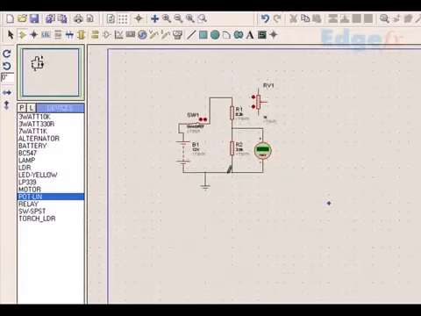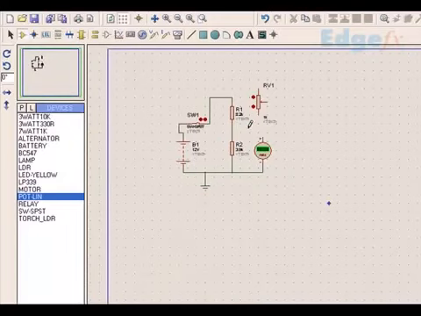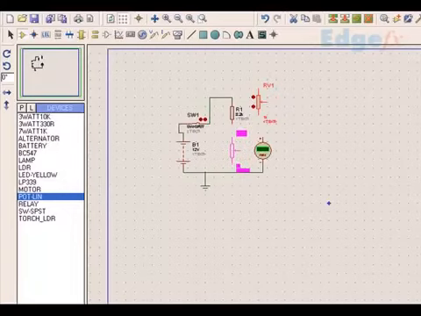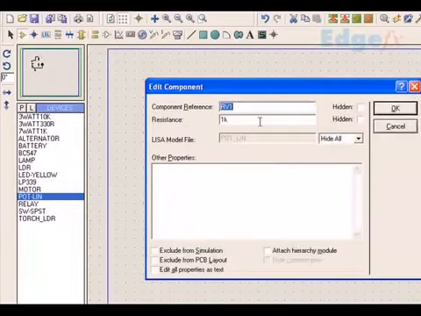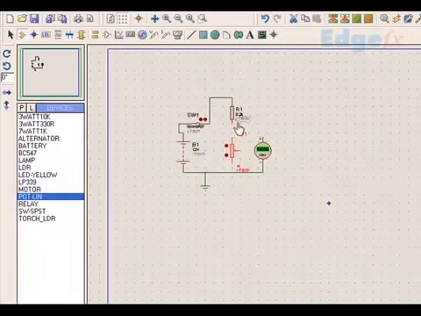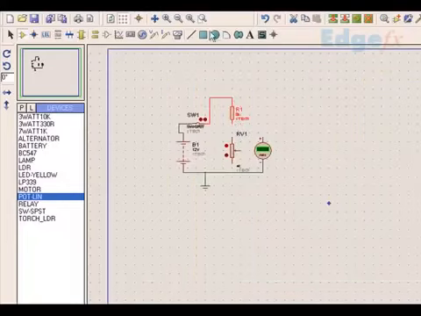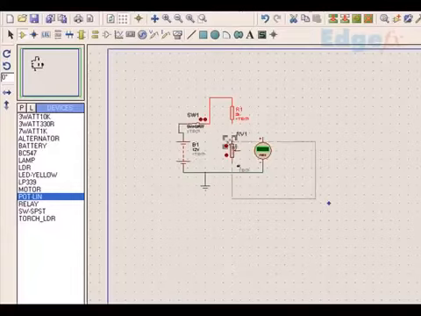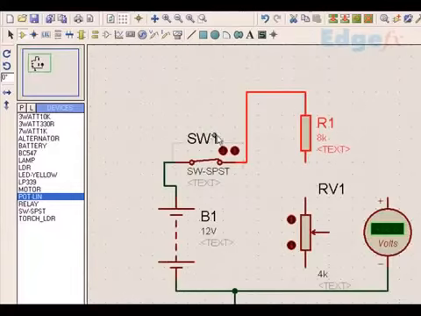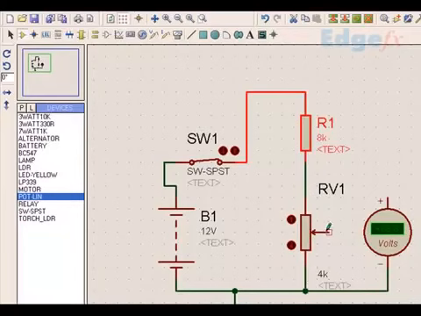Now let me disconnect this connection, and bring it here and put it here, and let it be my 4k, and let this be what I had earlier, 8k. Now I give the connections: this connection to here, this connection to here, and this connection to here.